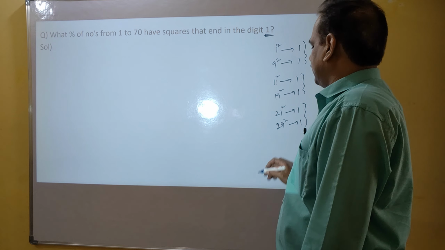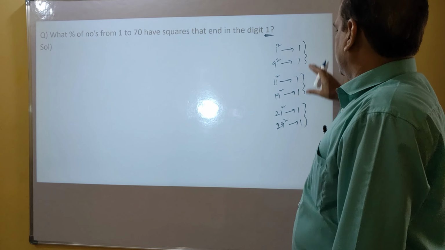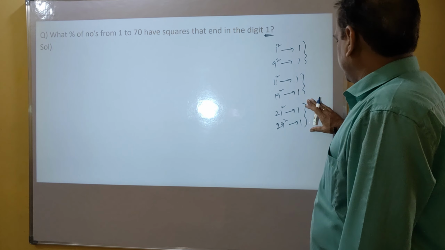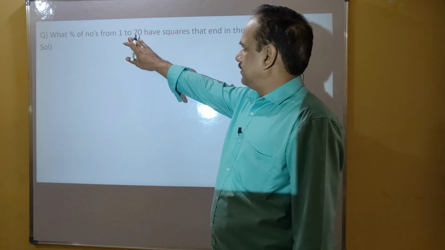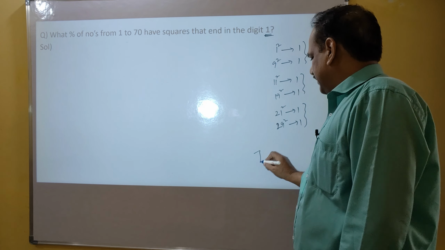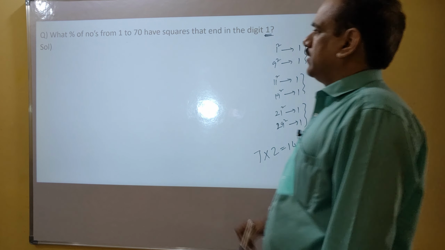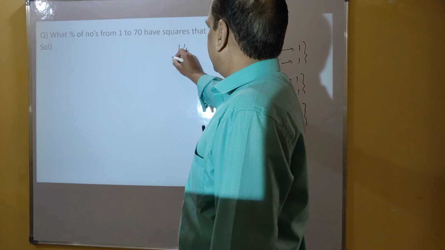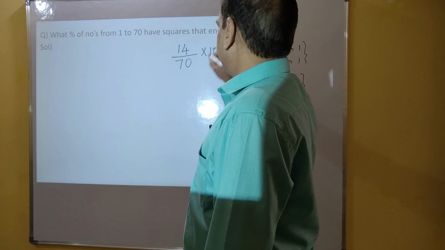So how many pairs like this? Between 1 to 10 you have 2, 11 to 20 you have 2, 21 to 30 you have 2. So like that, 61 to 70 you have 2. So you have 7 such pairs, totally 14. So you have 14 such numbers out of 70. What is the percentage?